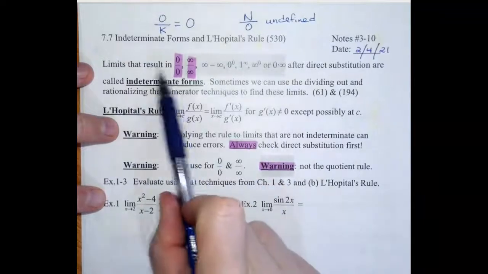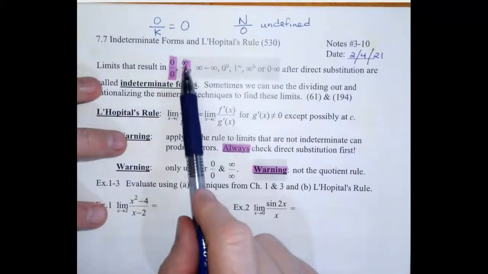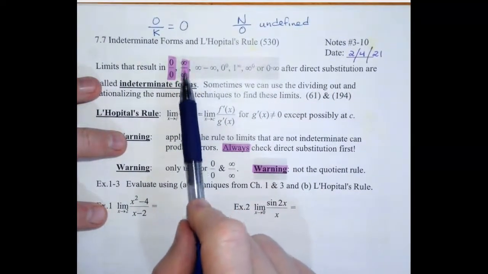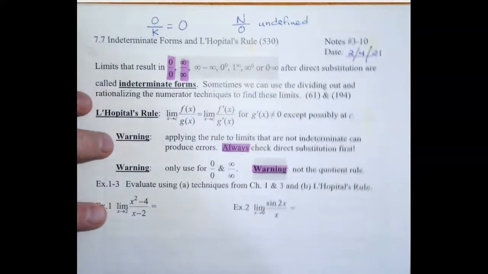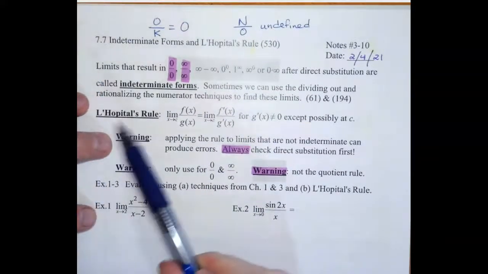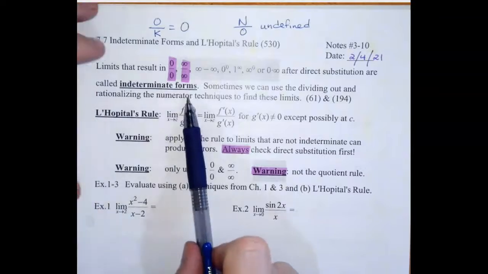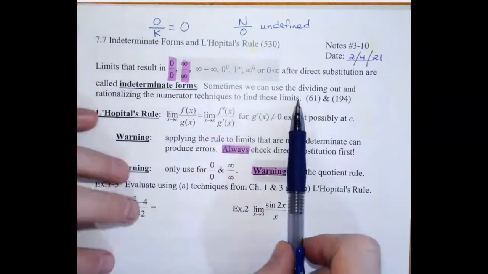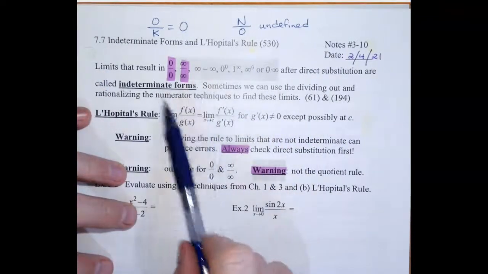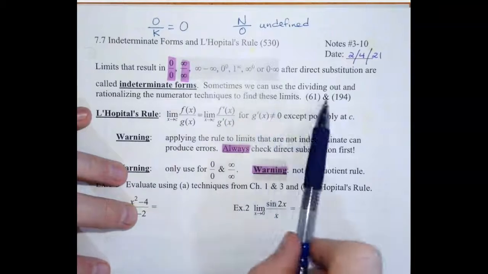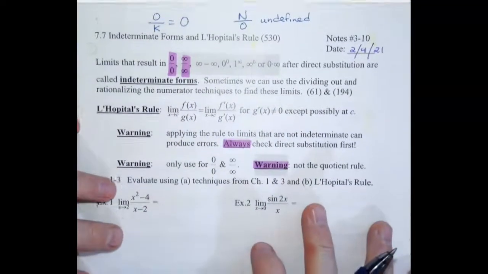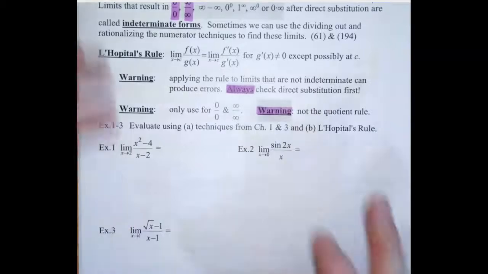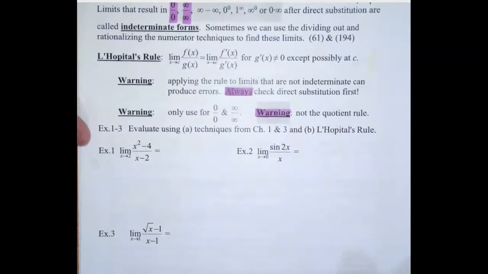So when we try to take a limit, if we end up with 0 over 0 or infinity over infinity or any of these other forms after direct substitution, those are called indeterminate answers. So sometimes there are things we can do listed here on these pages to deal with that, but sometimes those things don't work. And when they don't work, we can use L'Hopital's rule.